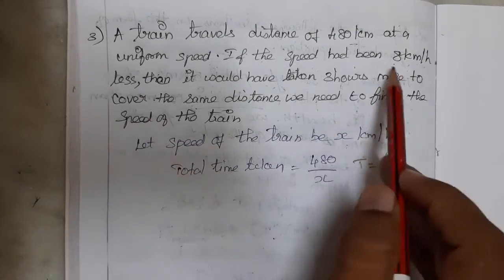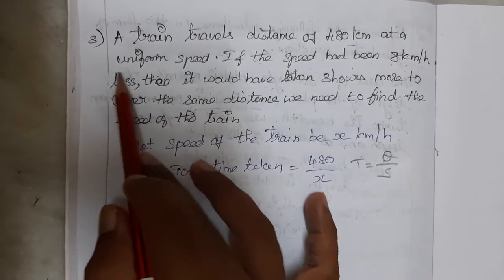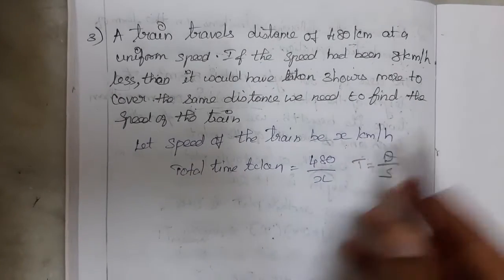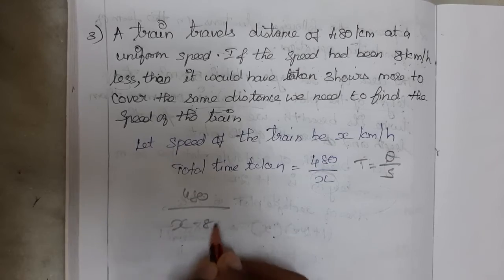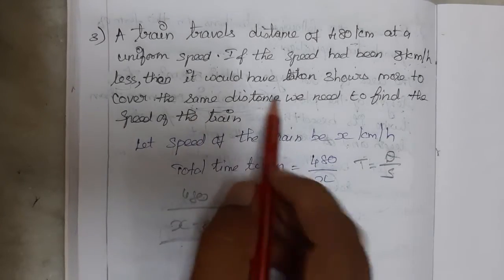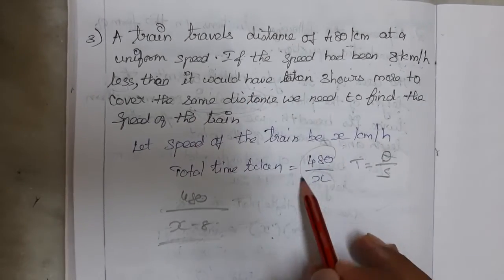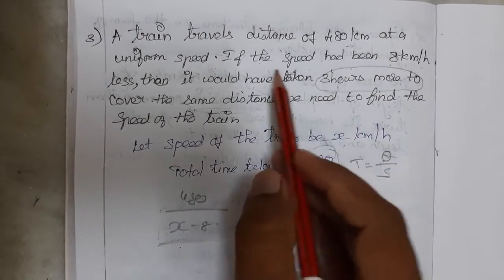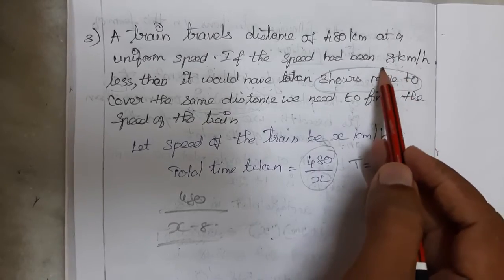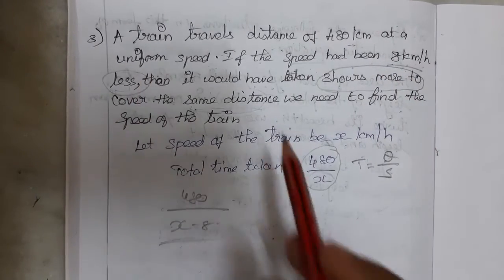The condition given is that the speed is decreased by 8 for the same distance, and this time will be 3 hours more. Clear? So when the speed is 8 km less, here the speed is x, right?